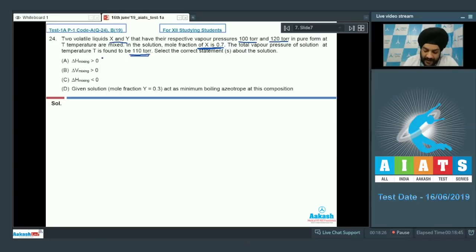So the examiner seems to be interested in the type of deviation shown by the solution. If we talk about the vapor pressure, if the solution were ideal, we can calculate that pressure using Raoult's law. So we'll have P Raoult denoted by PR equal to 100 into 0.7 plus 120 into 0.3.